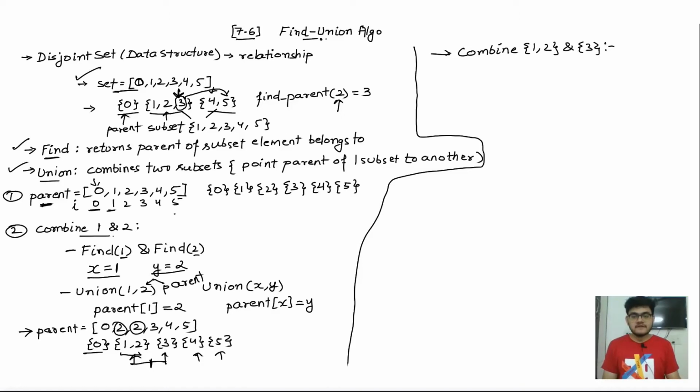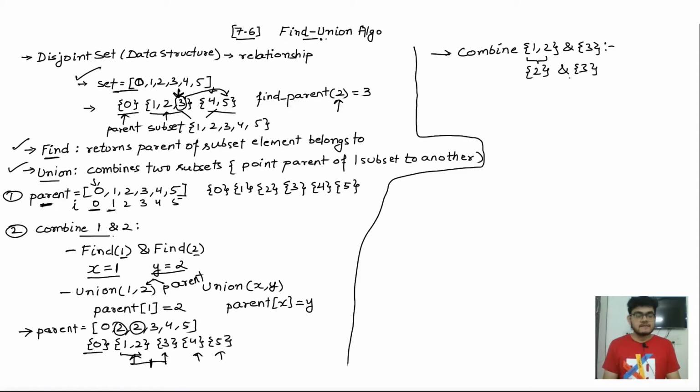The first thing that we need to do is find 1 and find 2, but remember that find is actually going to find the parent, right? So what I will do is, instead of combining 1 and 2, the parent of this set is actually 2. So what I am trying to do is combine 2 and 3, right?